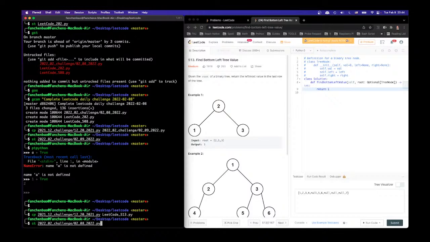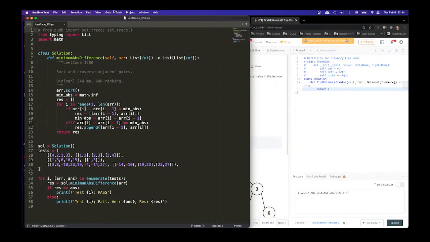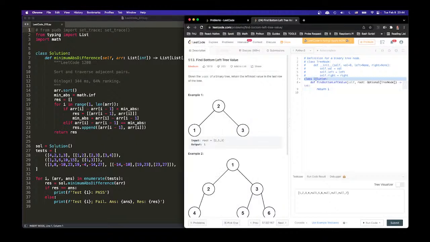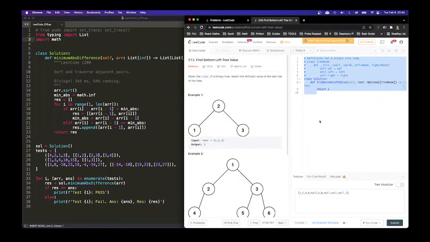No. It didn't make any sense. Okay, so my idea is to go left, and then left, root, right. Right, I'll go left, root, right. Seems like it should be fine.